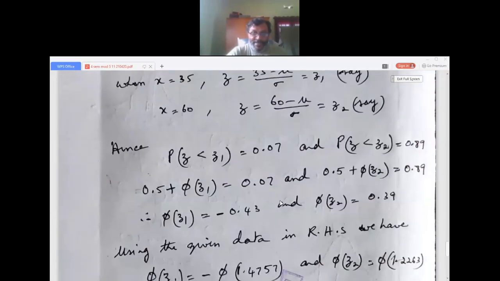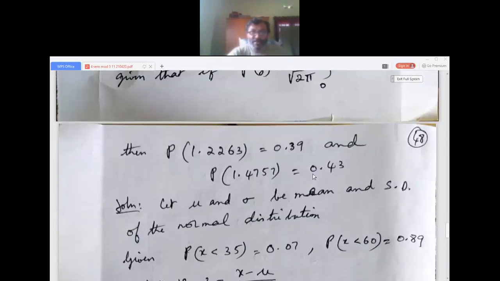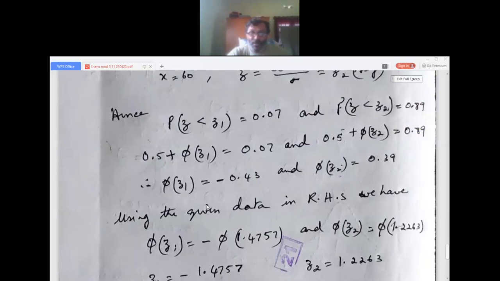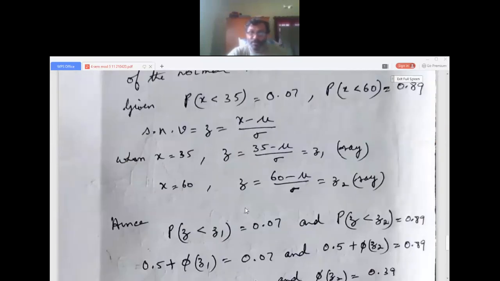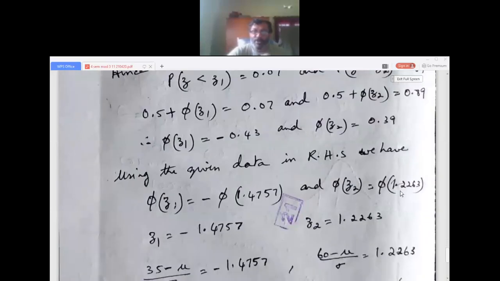Using that data, phi of Z1 is minus 0.43, and 0.43 is phi of 1.4757. Even if you look at the table, you will get this value. And phi of Z2 equals 0.39, and 0.39 is phi of 1.2263. So phi of Z2 is 1.2263.